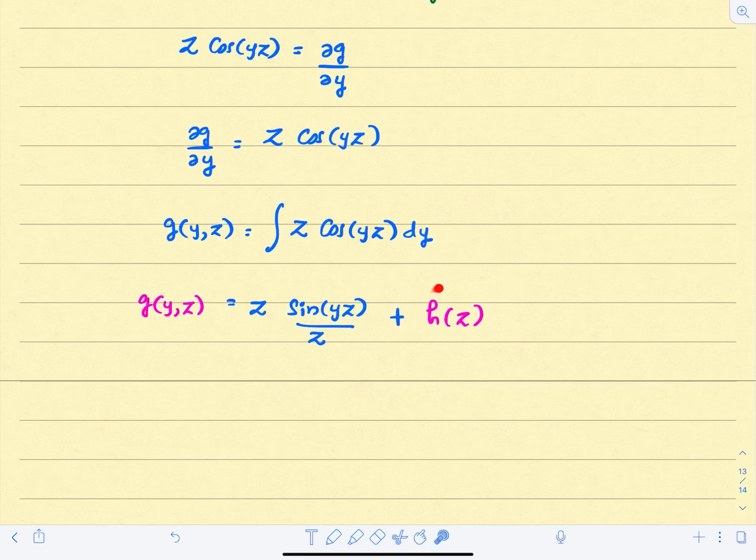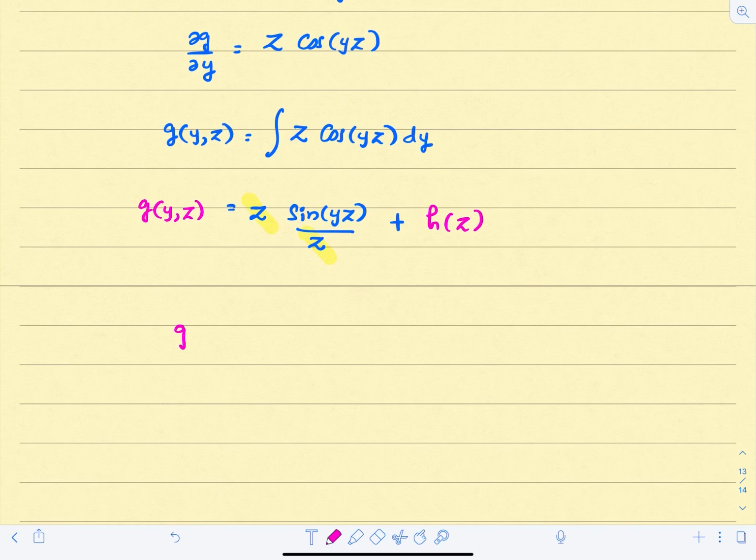The reason we add a function that contains only the z variable is that if we differentiate with respect to y, we get z cosine of yz, and the derivative of h of z with respect to y is 0, because it contains only the variable z. Now let's simplify this. We can update our g of y, z equals sine of yz plus h of z.